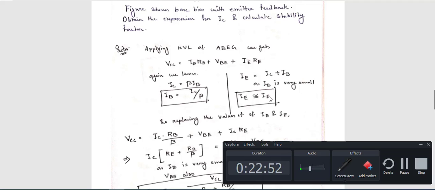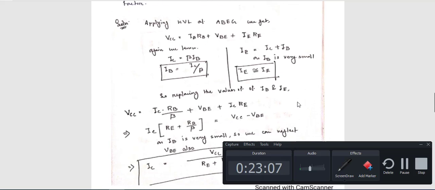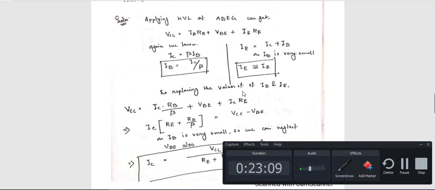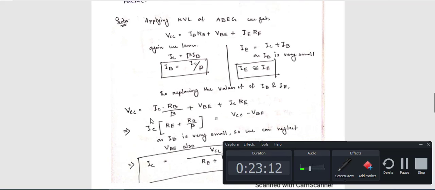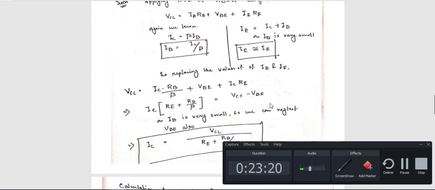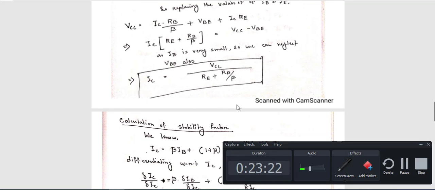Just correct this point: here it was written IE equivalent to IE, but it will be IE is almost equivalent to IC. So VCC is equal to IC by beta times RB, plus VBE, plus IE RE replaced by IC into RE. Now you can easily calculate IC.